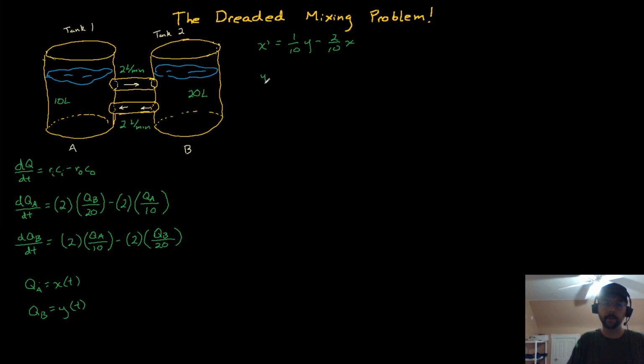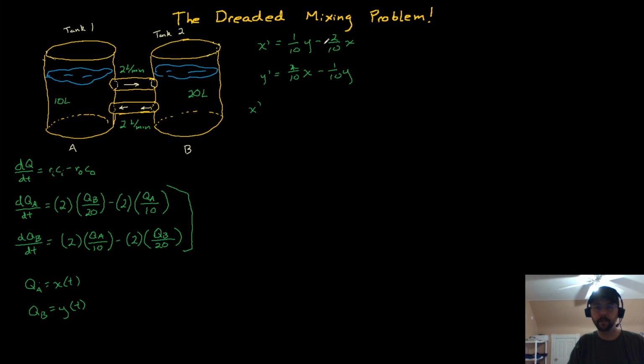Then we have y prime equals, let's keep this as 2 over 10 x minus 1 over 10 y. And those came from right here. Now I just want to order things so that the x and the y are lined up. And I'll go ahead and actually set it equal to 0. So we have x prime.